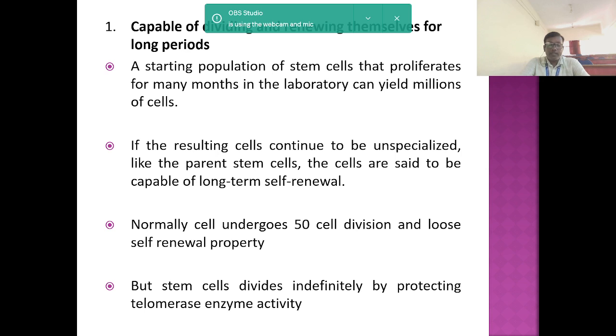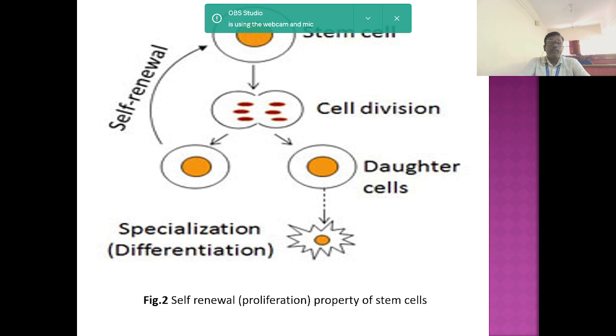The role of telomerase enzyme activity is to prevent the shortening of the ends of the chromosome during cell division, in order to circumvent the loss of important genetic material. That is the main role of telomerase enzyme activity. This is the pattern: the stem cell usually divides into either self-renewal cells or it can be differentiated into other cells.